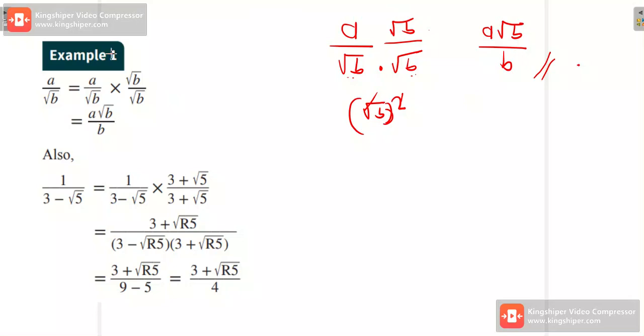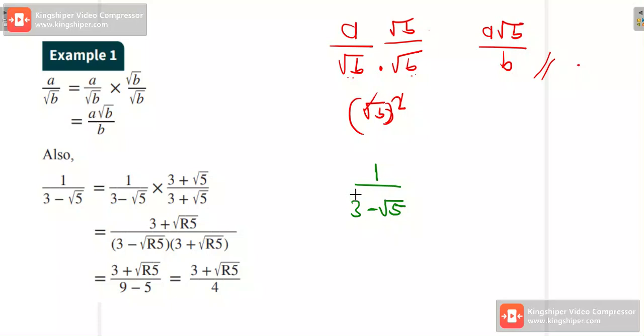Now let's take another example. 1 over 3 minus root of 5. This time, the denominator is still a surd, which is irrational, but it is a binomial, two terms. So what is the conjugate of this binomial?